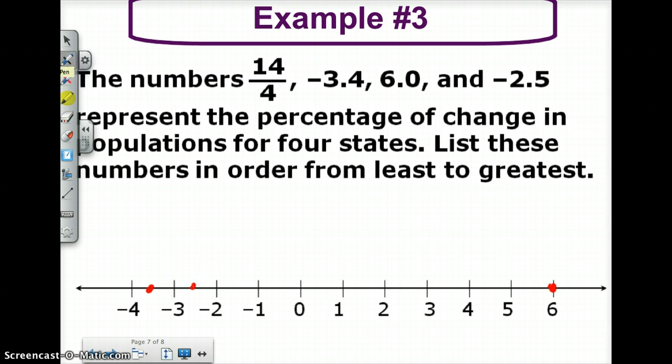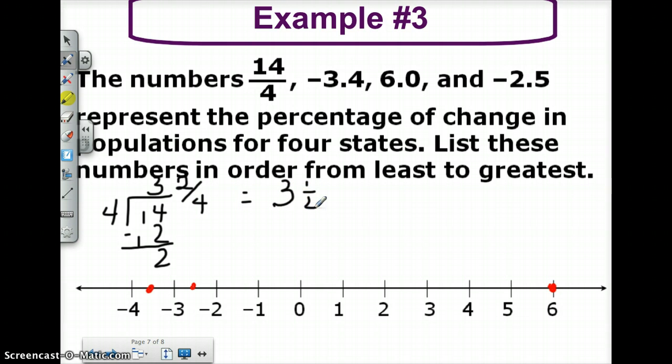And now what I'll need to do is figure out what is 14 over 4. I'm going to go ahead and divide the numerator by the denominator, and simplify. Now I'll go ahead and plot my point, 3.5, and now we'll write our numbers in order from least to greatest.